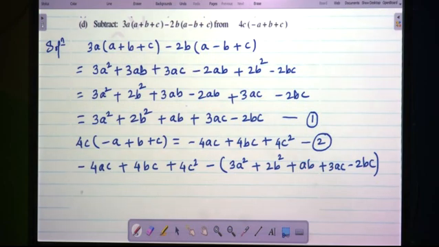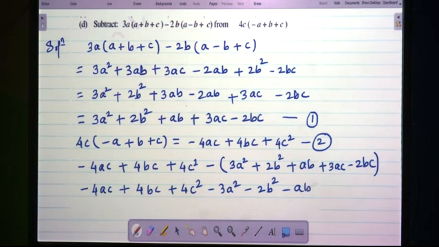Now, applying the minus sign to the second expression: minus 4ac plus 4bc plus 4c square minus 3a square minus 2b square minus ab minus 3ac plus 2bc.